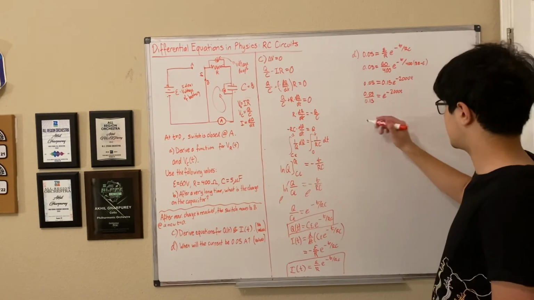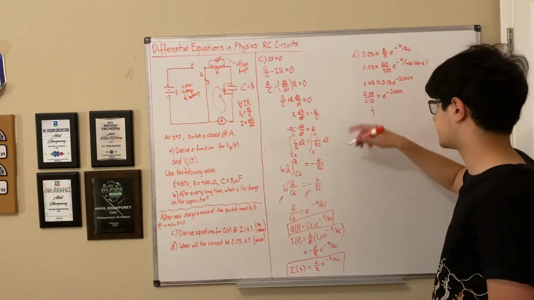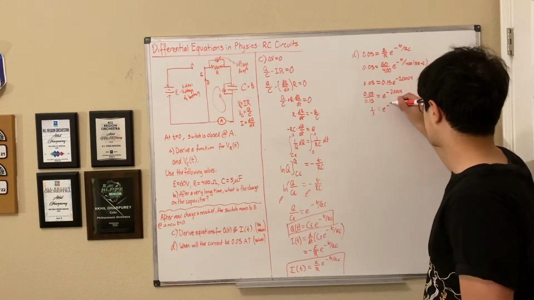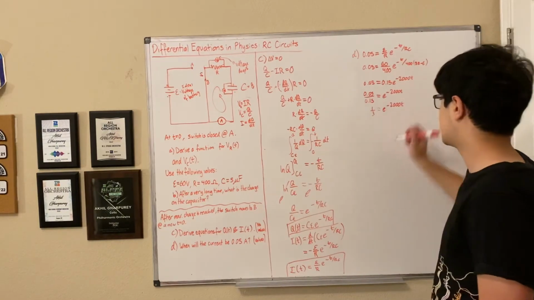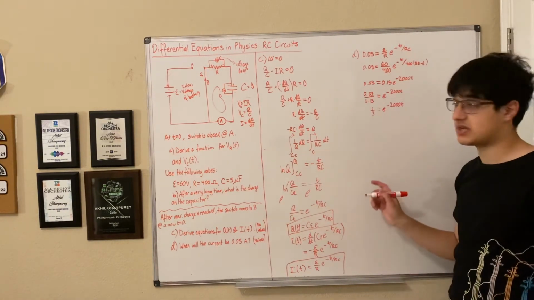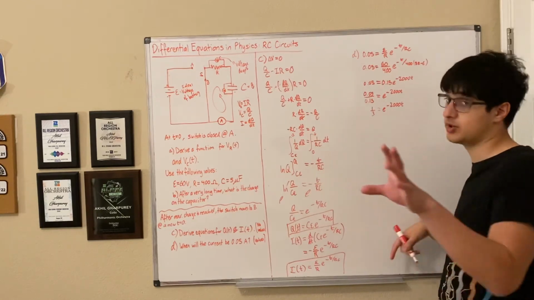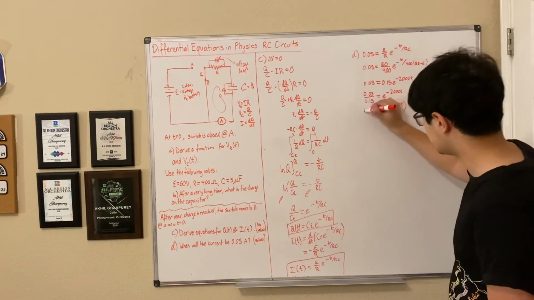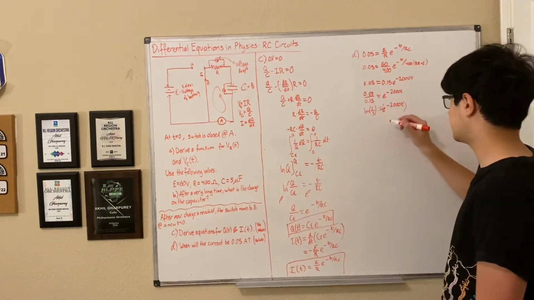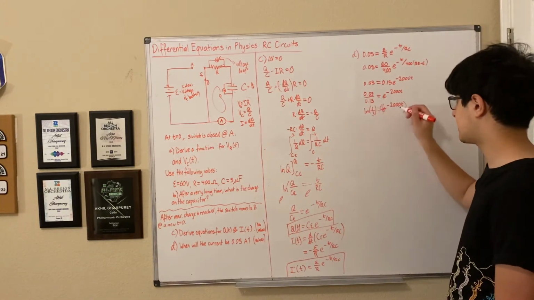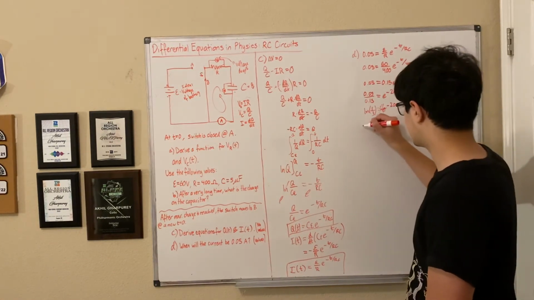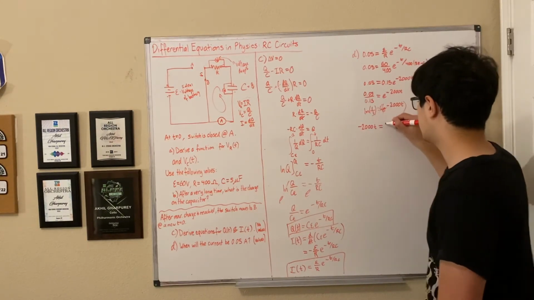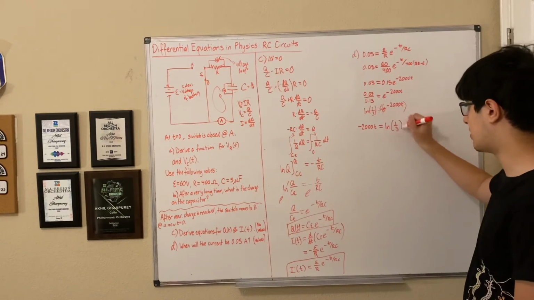So, as a result, we can also simplify this to 1/3, because they're the same thing. This is equal to e to the negative 2000t. Now, to get rid of the e, we take the ln, or the natural log, on both sides. And by natural log properties, the ln and the e cancel, so we're left with negative 2000t is equal to ln of 1/3.